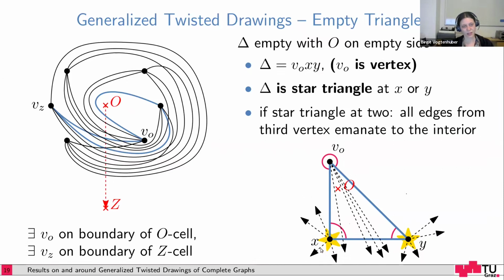So this second vertex might also be VO instead of X. So this gives us a very special situation for empty triangles. And this is one of the main ingredients for proving that all rotation systems with only T5 and at least 7 vertices are actually generalized twisted.